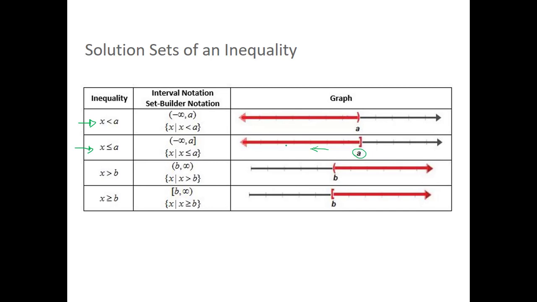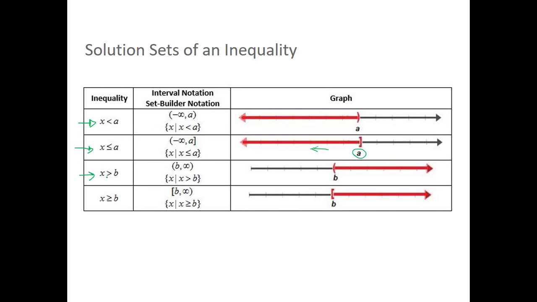So we shade to the left and put a bracket on a. Its interval notation is (-∞, a]. Its set builder notation is the set of x such that x ≤ a.